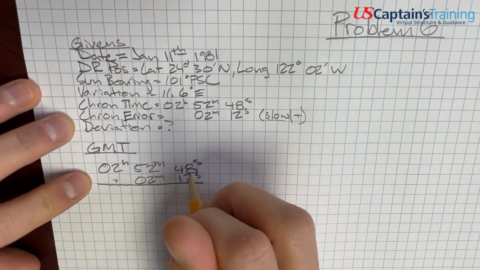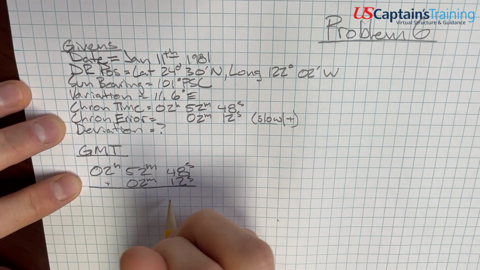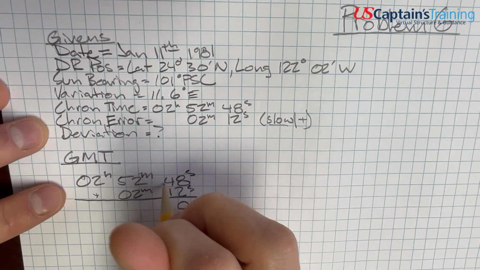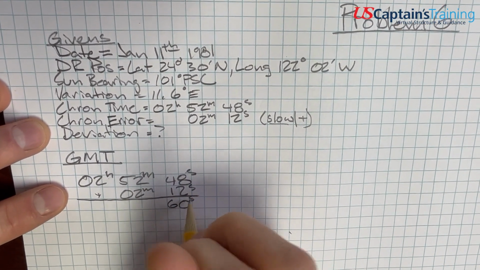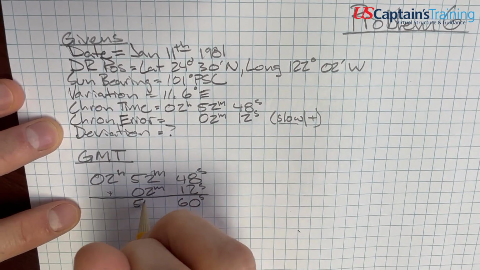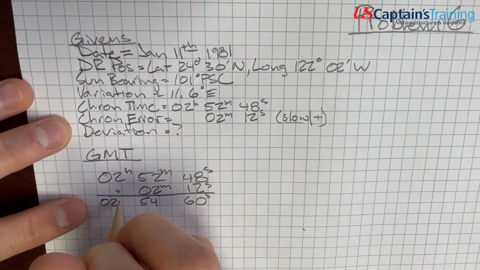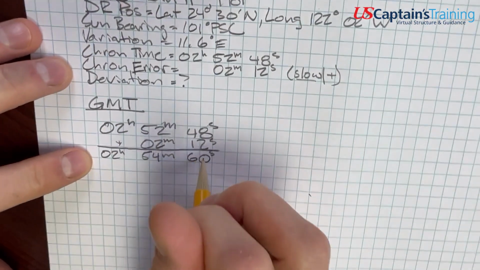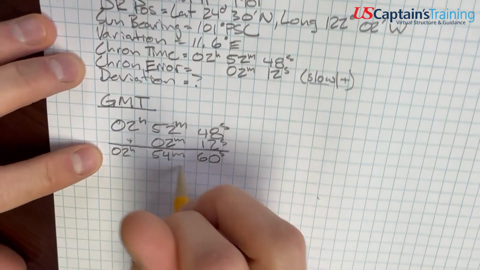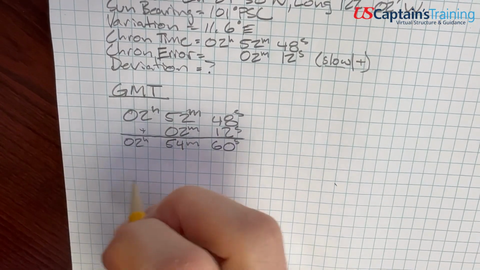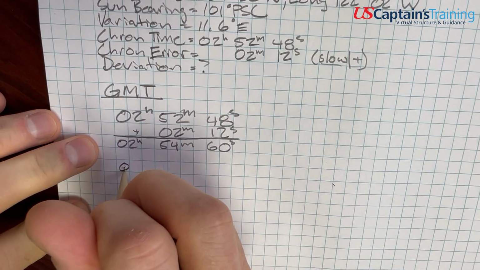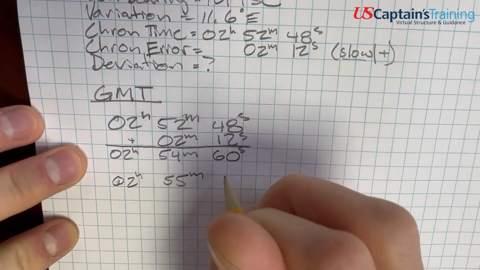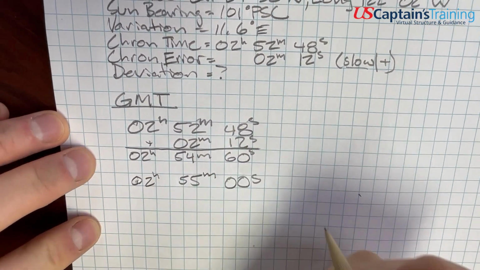So we're going to get 48 plus 12, so that's 60 seconds, and 54 minutes, 2 hours. And 60 seconds equals a minute. So this is going to end up, whoa, sharp pencil there, 2 hours, 55 minutes, 0 seconds.